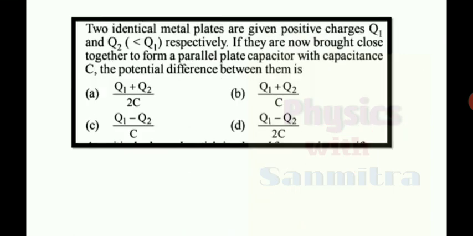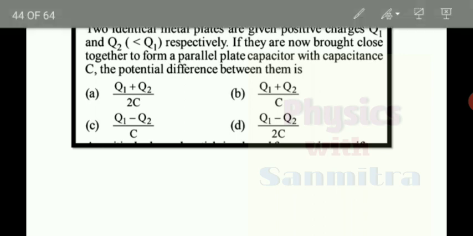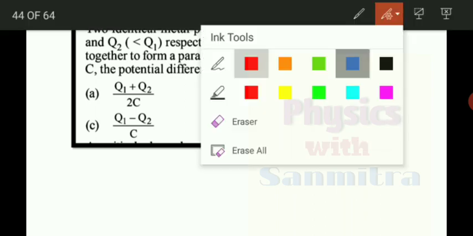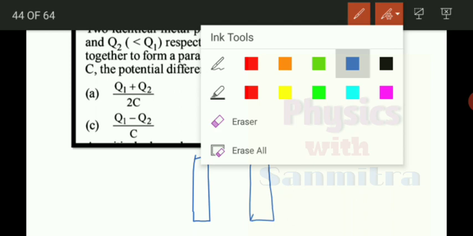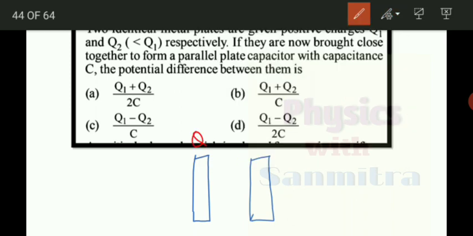Two identical metal plates are given positive charges Q1 and Q2 respectively, where Q1 is greater than Q2. If they are now brought close to each other to form a parallel plate capacitor with capacitance C, what is the potential difference between them? See, let me draw the two plates. These are the plates. They are given charges Q1 and Q2.